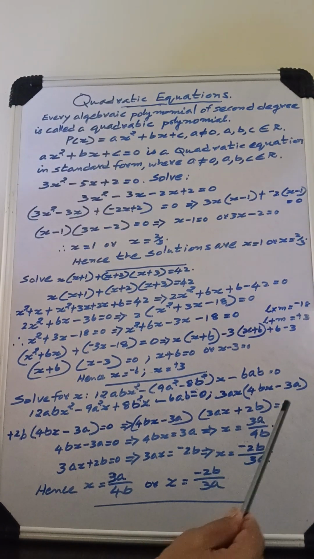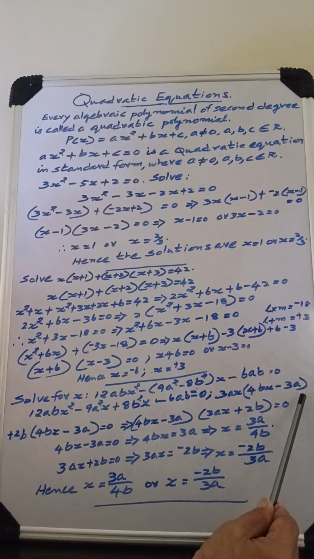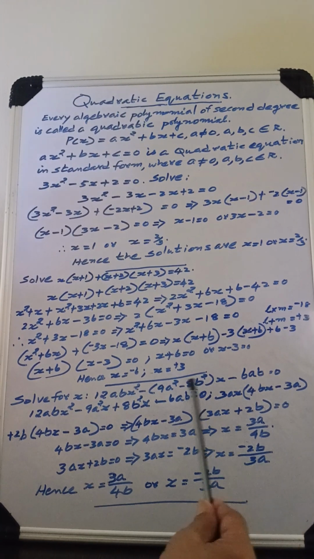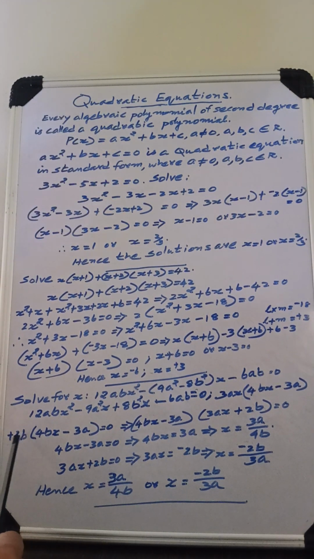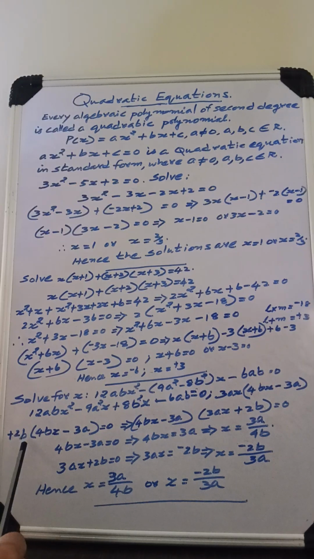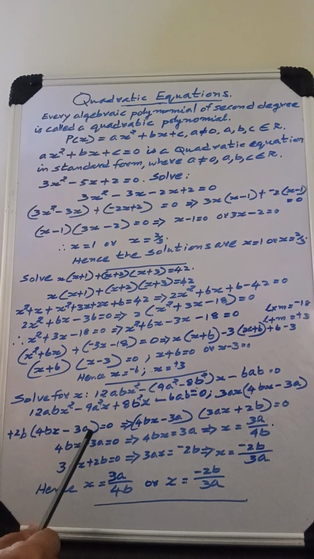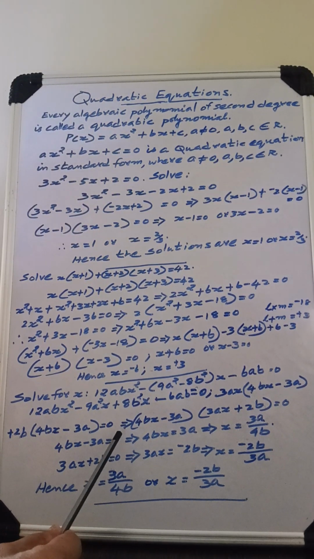3ax into 4bx minus 3a, plus 2b into 4bx minus 3a equals 0.